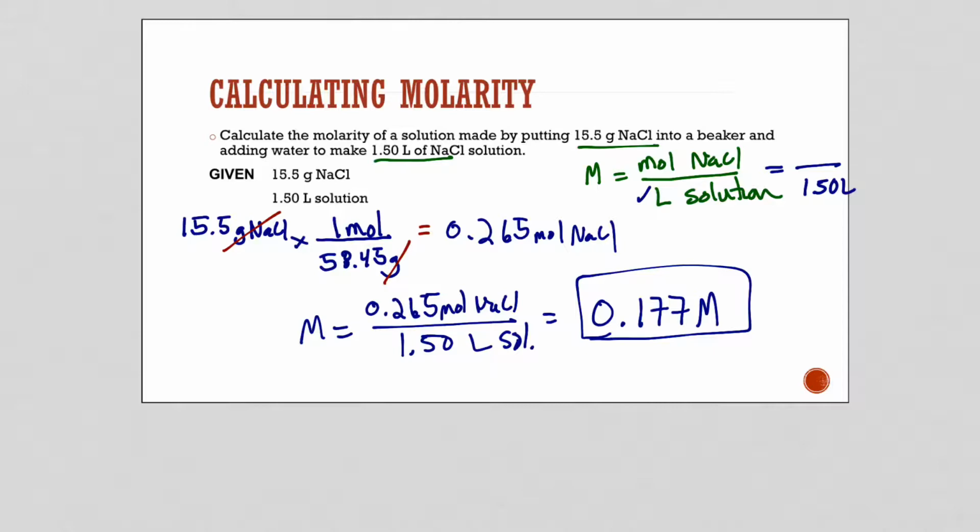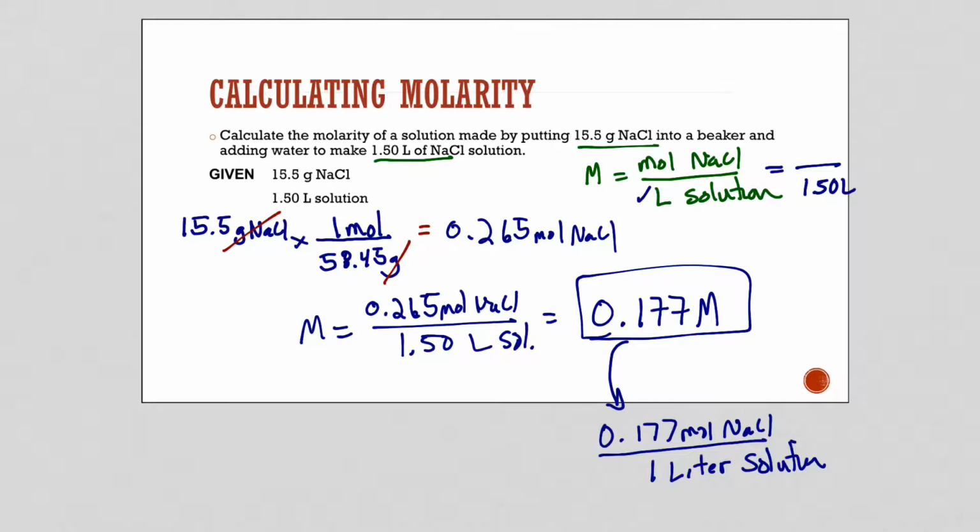sodium chloride. Now, as we get used to this, it's important to understand what that means. So if I say it's 0.177 molar, what that means is I have 0.177 moles of sodium chloride in every 1 liter of solution. So molarity provides a nice conversion between how much volume of solution and how many moles of solute it contains.